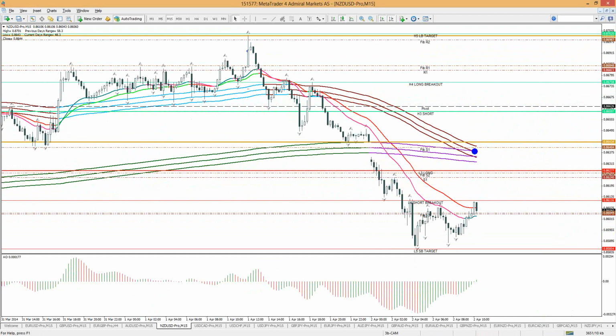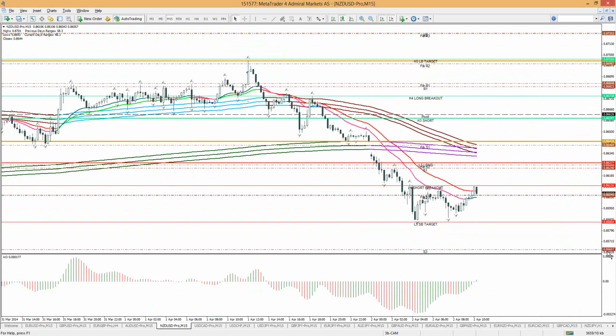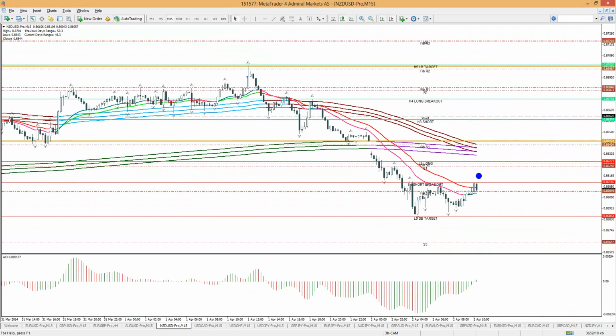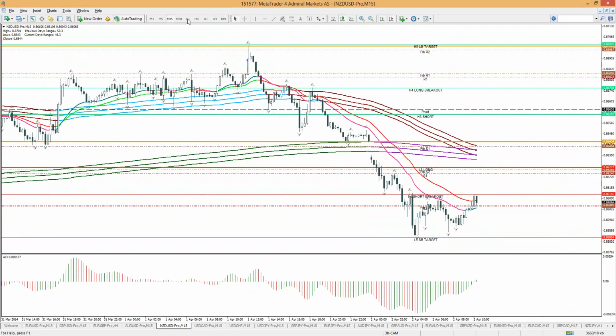Maybe if it goes back to these resistances here, to yesterday's low used as a resistance, I don't know. It's difficult to speculate about where I could see something interesting. I don't see much space to the downside, so I'm not that interested in downside at the moment. So that's my reasoning. Let's take a look at the 4-hour.